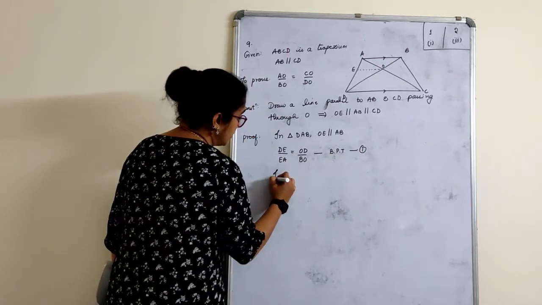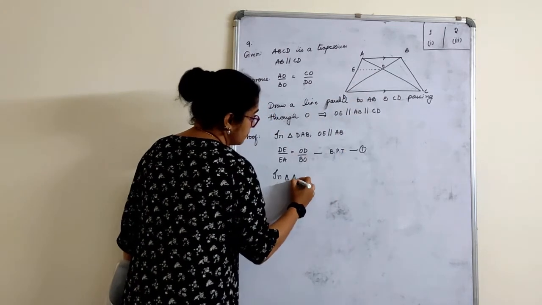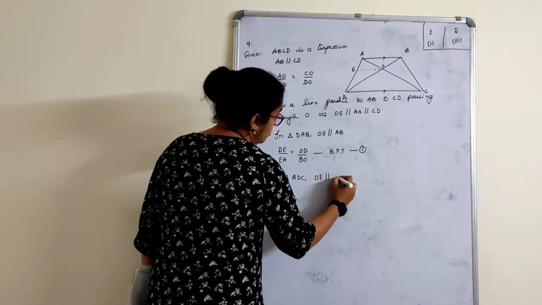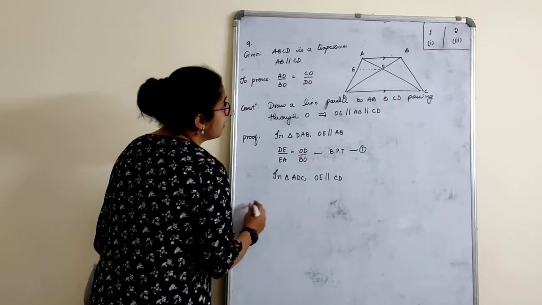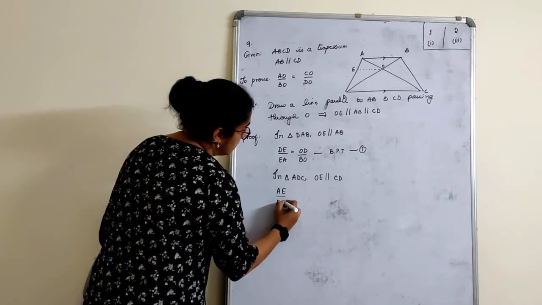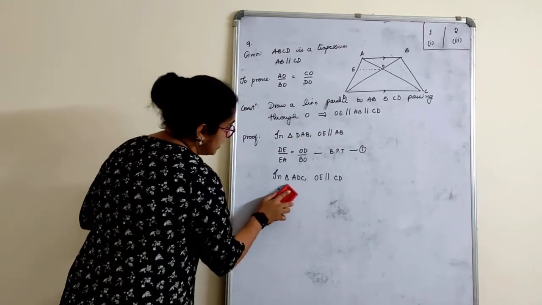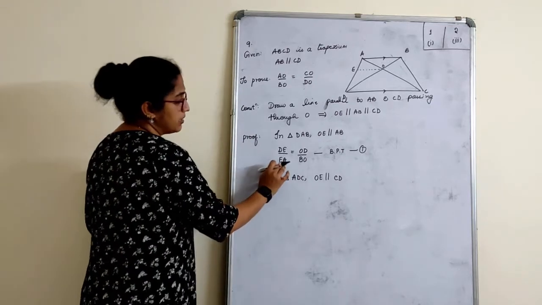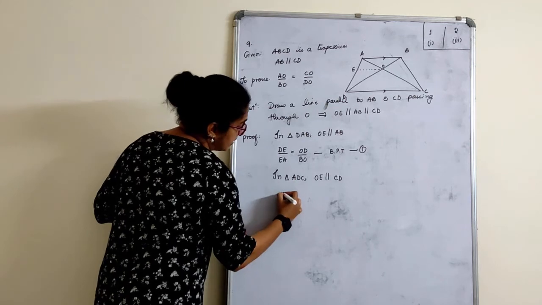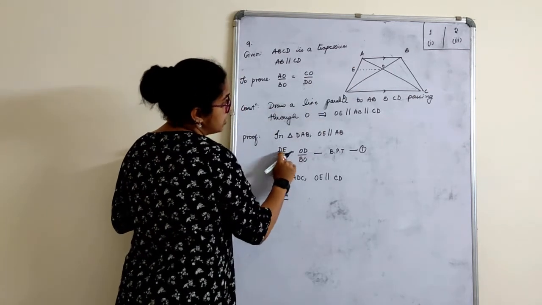Equation 1. Again, in triangle ADC, OE is parallel to CD. So if OE is parallel to CD, what do we have? We have AE upon ED. See here what vertices or sides you have chosen. Now here what do I have to choose? AE, but we have EA here. I use EA only. EA upon, I have to use DE.